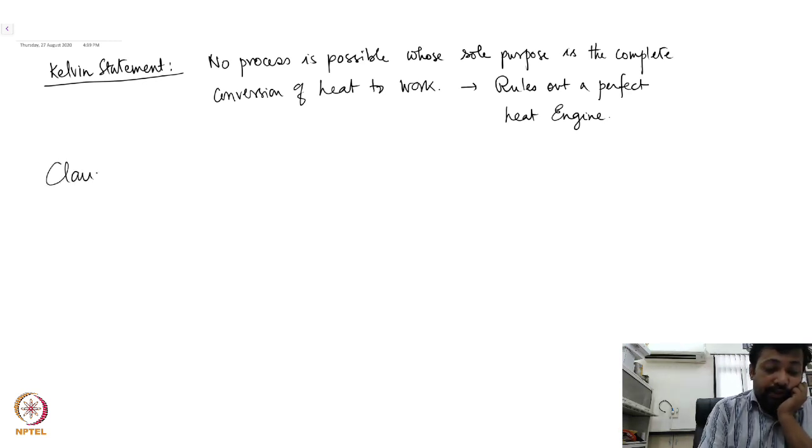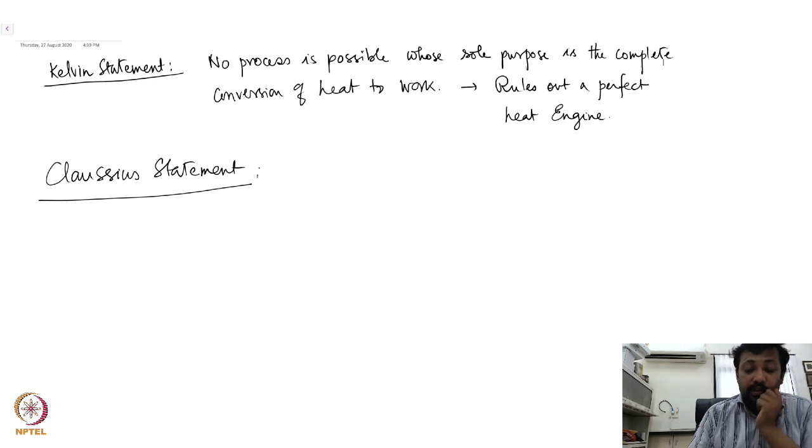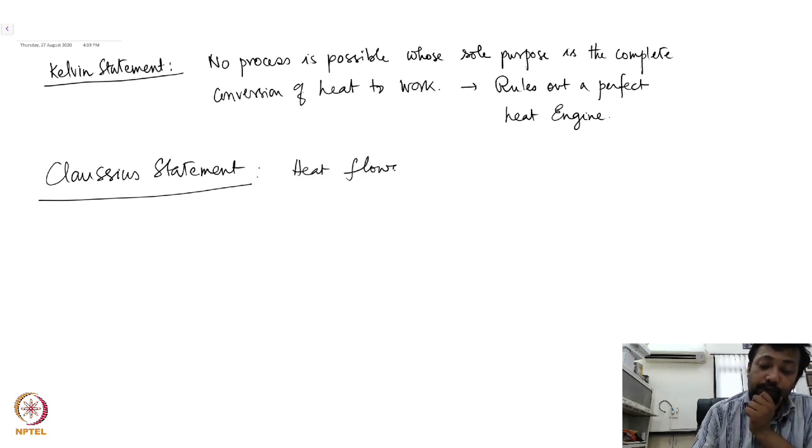The alternative statement is the Clausius statement, and that tells you that heat flows from a hot to a cold body.